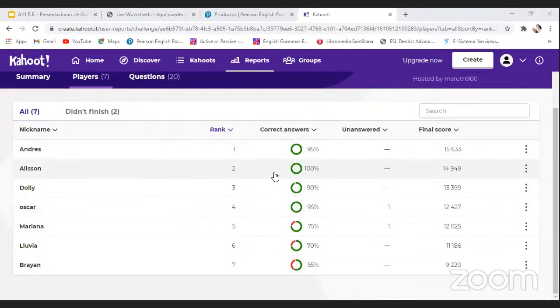Here we have 100% for Allison. And Andres was 95 and also 95 Oscar. You were placed fourth. And Dolly, you were placed third. That's amazing. But we are 9 participants, so I am missing 2 more people.